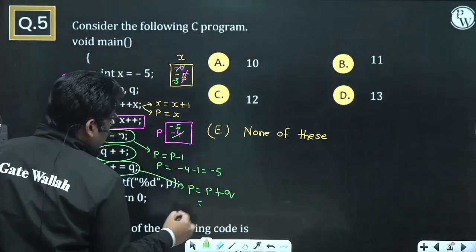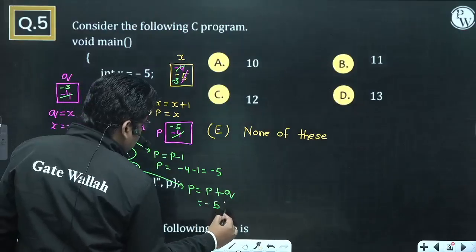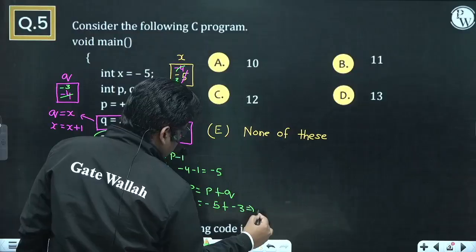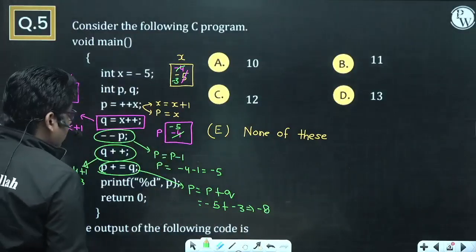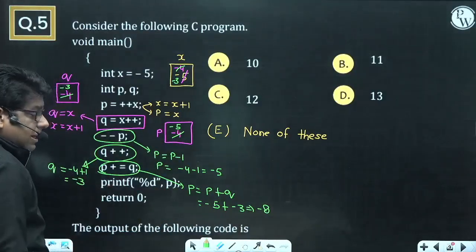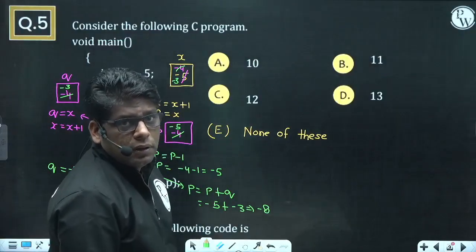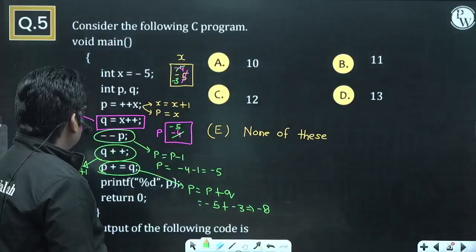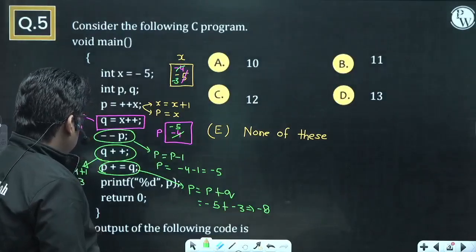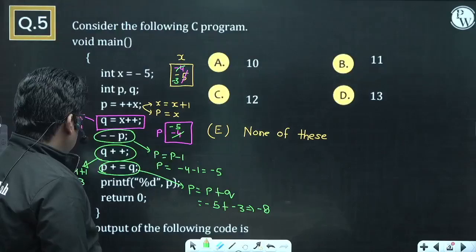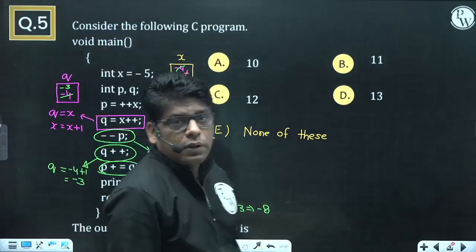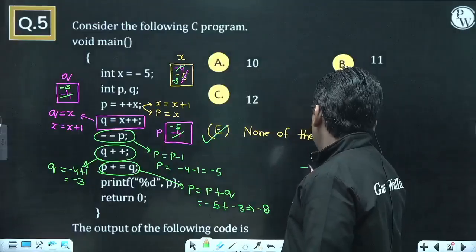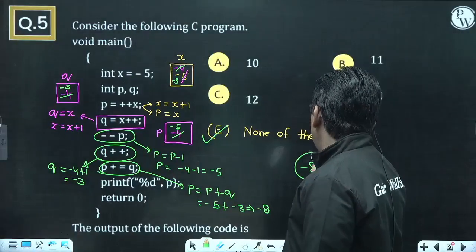What is the value of p? The value of p is minus 5 and the value of q is minus 3. So minus 8 is assigned to p. Is that okay to everyone? So the answer is option E, because the answer is minus 8.